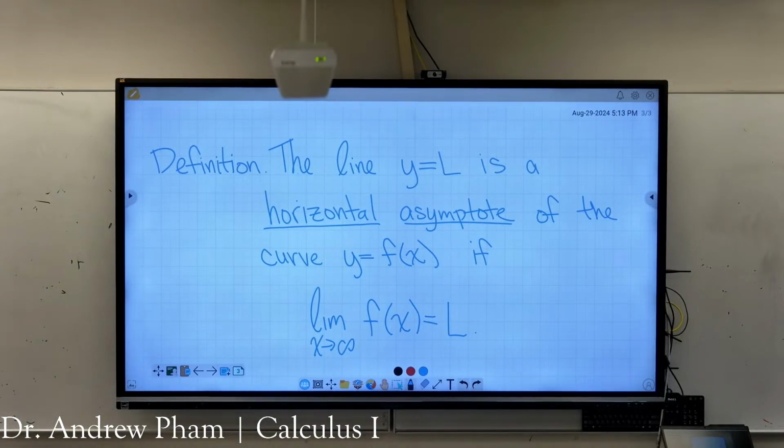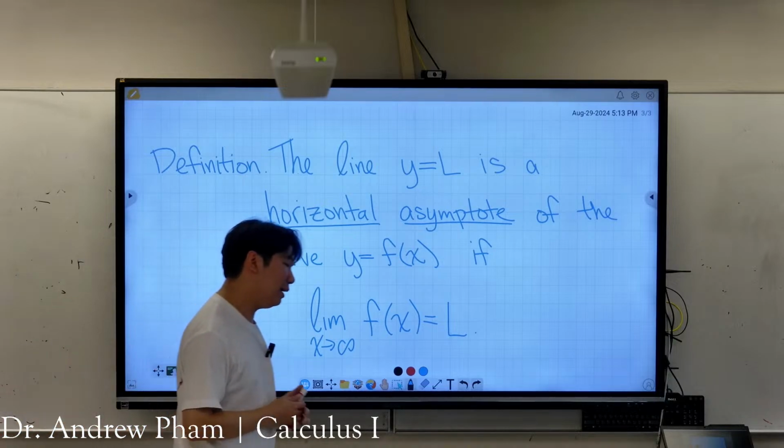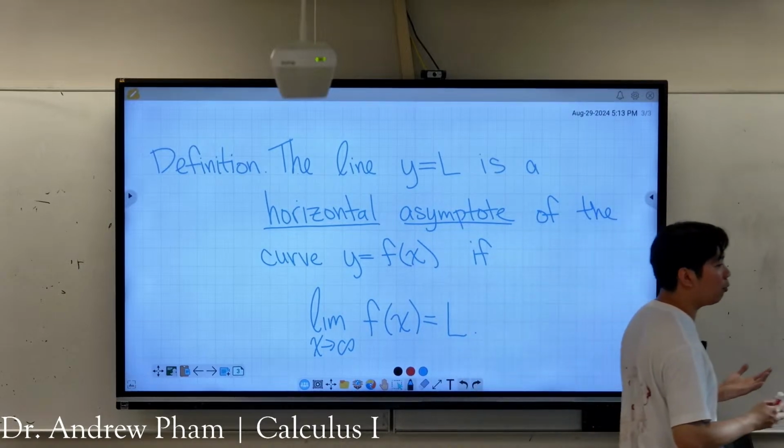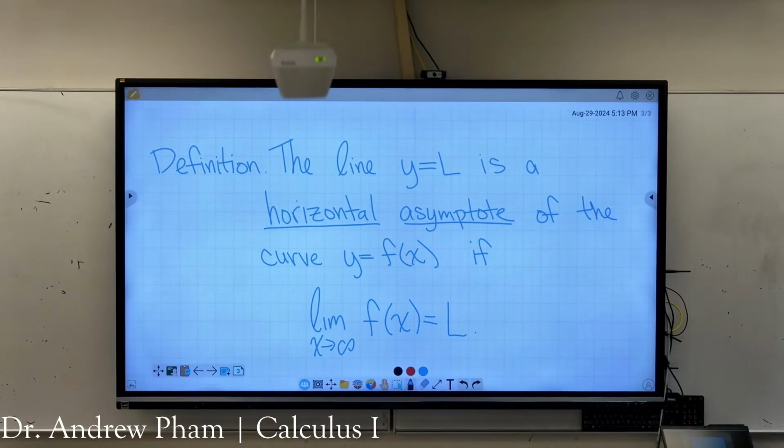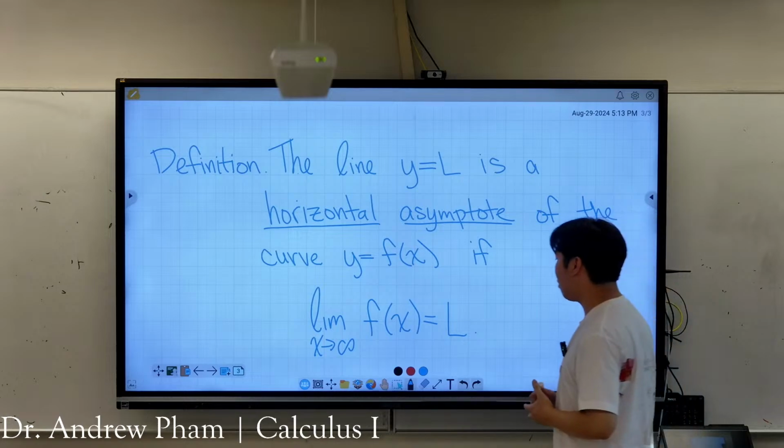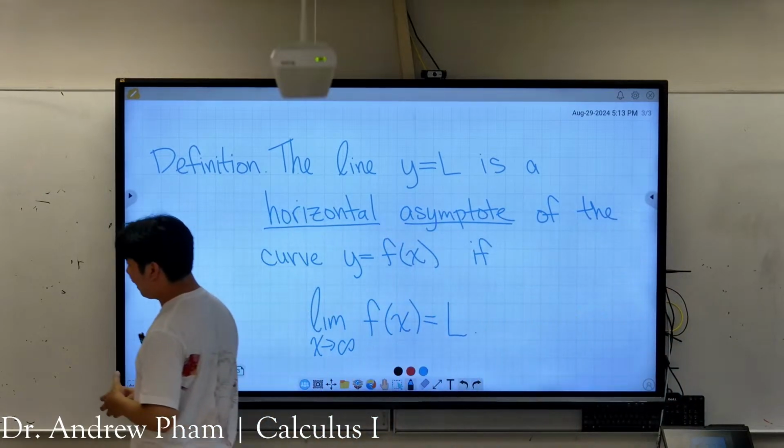In other words, if I take a function, I take the limit at infinity, and it's a number, just like how before we took the limit and we got 2, this tells me what my horizontal asymptote is. So before, in example 1, my horizontal asymptote was y is equal to 2. So this is how we're defining a horizontal asymptote.